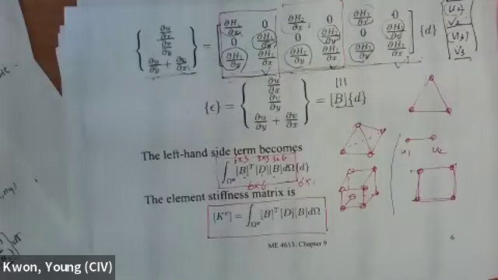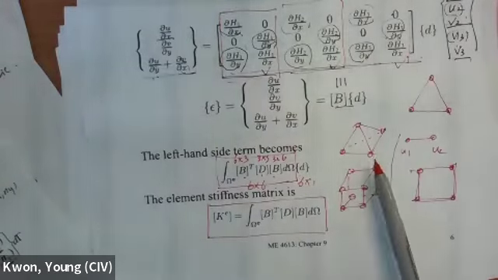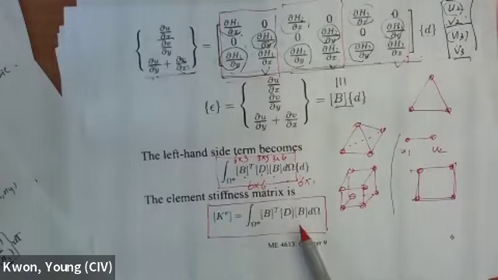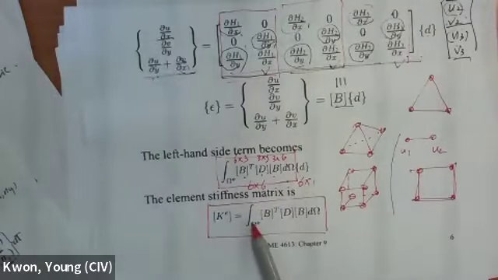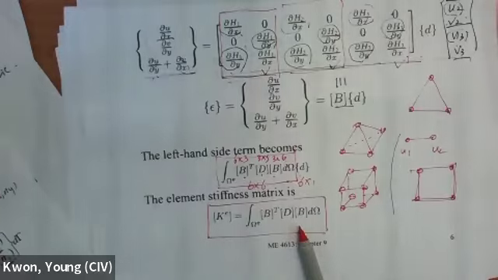Once you provide that information, the program picks the matrix D, depending on your material and dimension. So there's a library, they pick that. And depending also on the dimension and the shape function you select, they calculate matrix B. And then they calculate this over and over for every element.